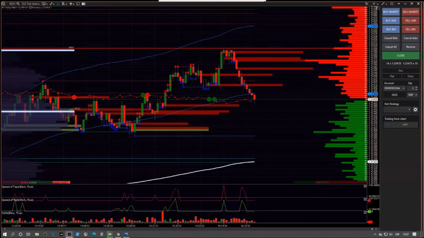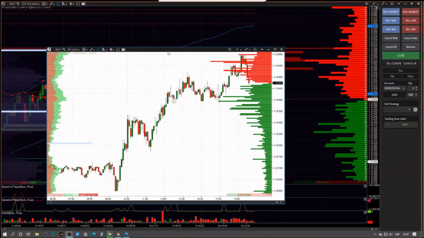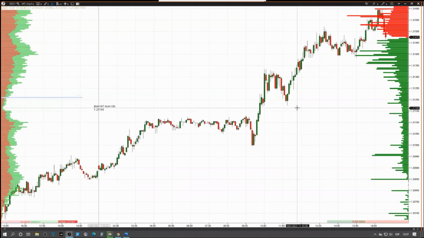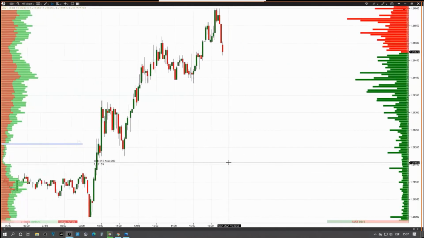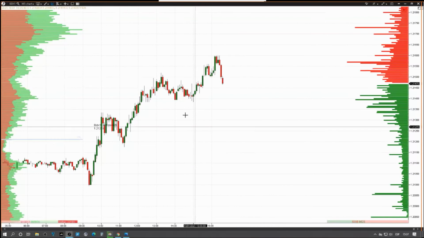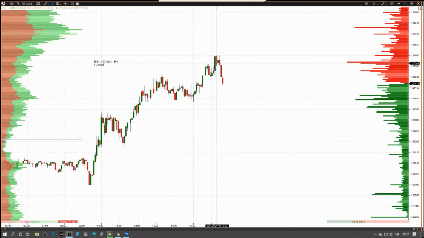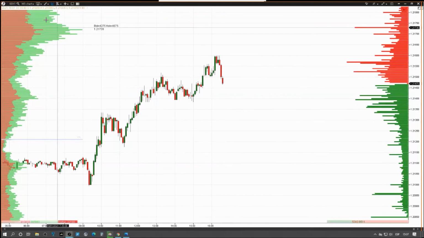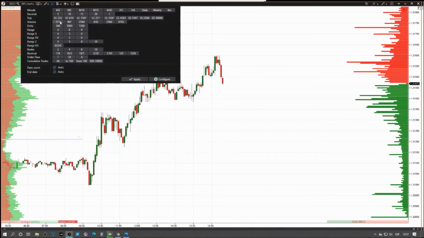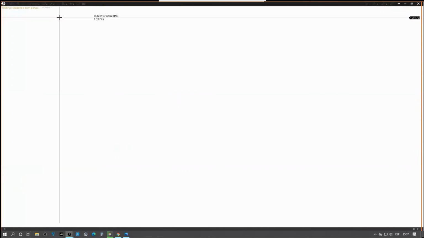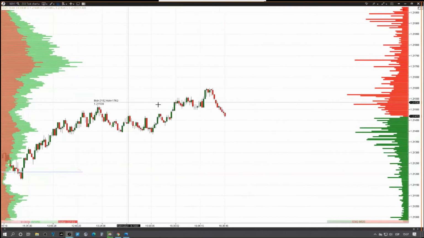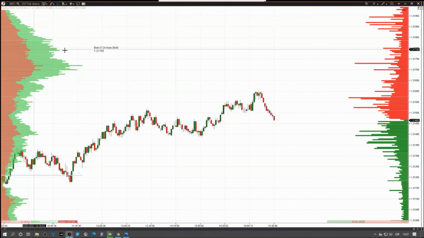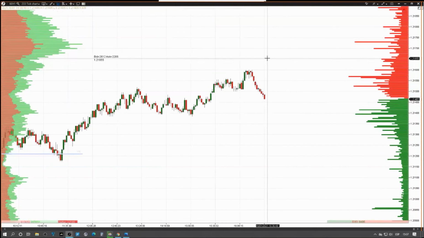Okay, this is easier to start with. You can see here it's just the red and green bars. Let me change this to tick charts, which I like more.